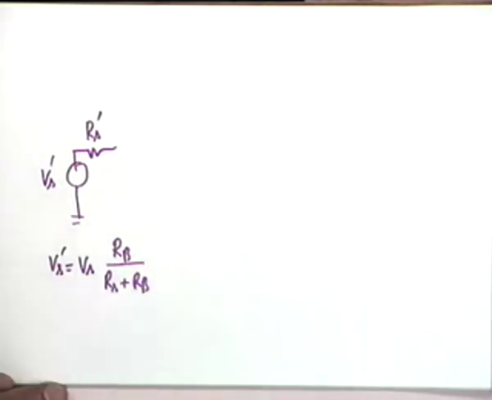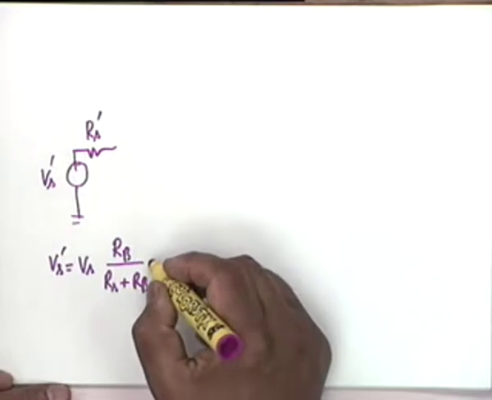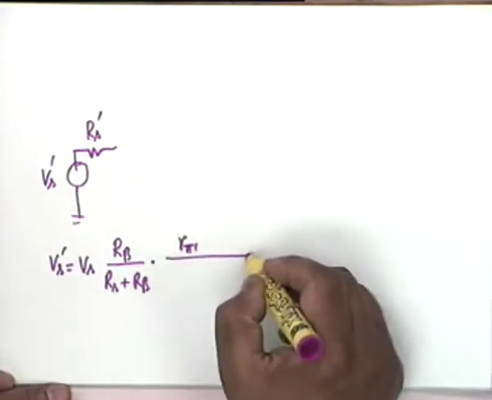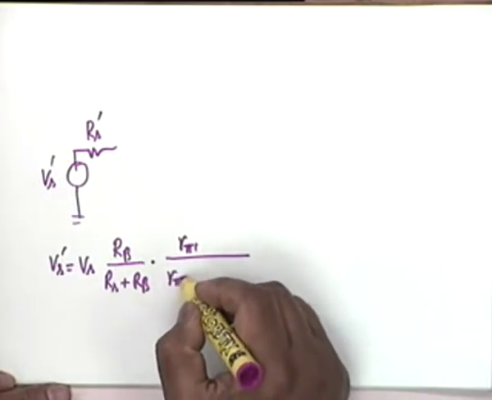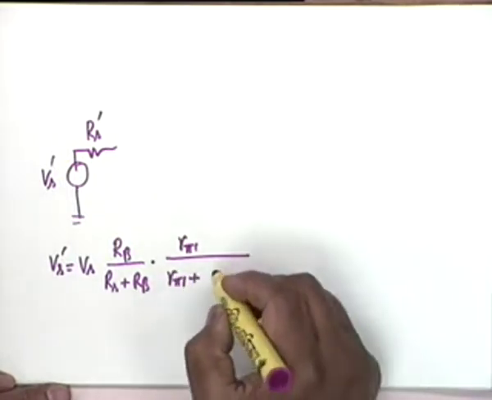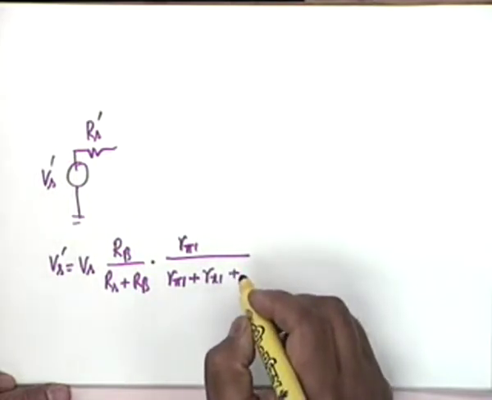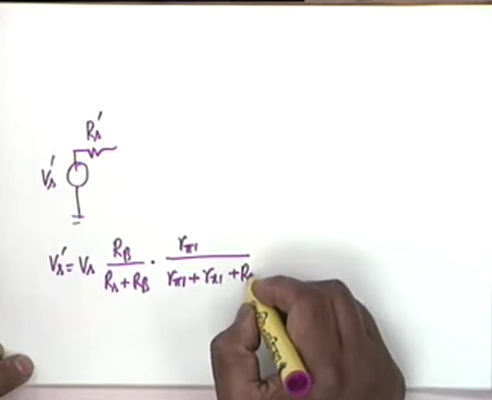This is the result of the first Thevenin application, and the second one would be multiplied by R pi 1 divided by R pi 1 plus Rx1 plus the equivalent resistance of the first Thevenin step, that is Rs parallel Rb. Agreed.